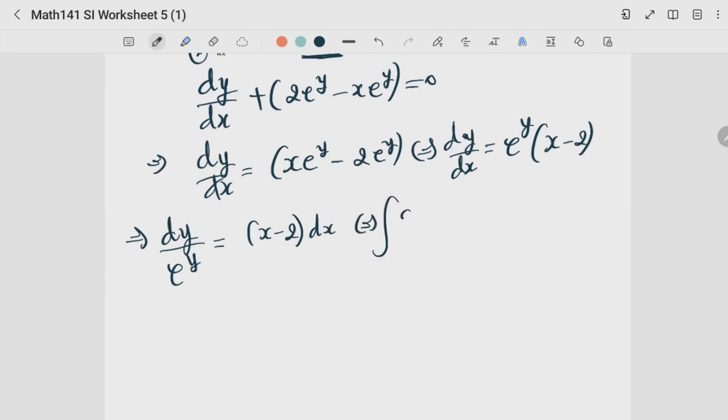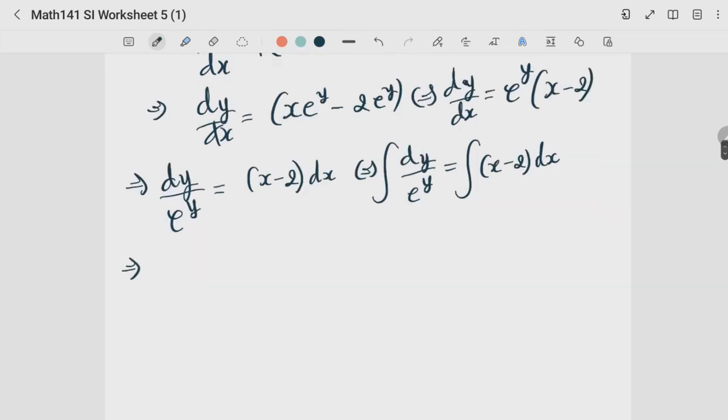Introducing the integral on both sides, we have the integral of dy over e to the y being equal to the integral of x minus 2 dx. The integral of 1 over e to the y is the same as the integral of e to the negative y, which is equal to negative e to the negative y.